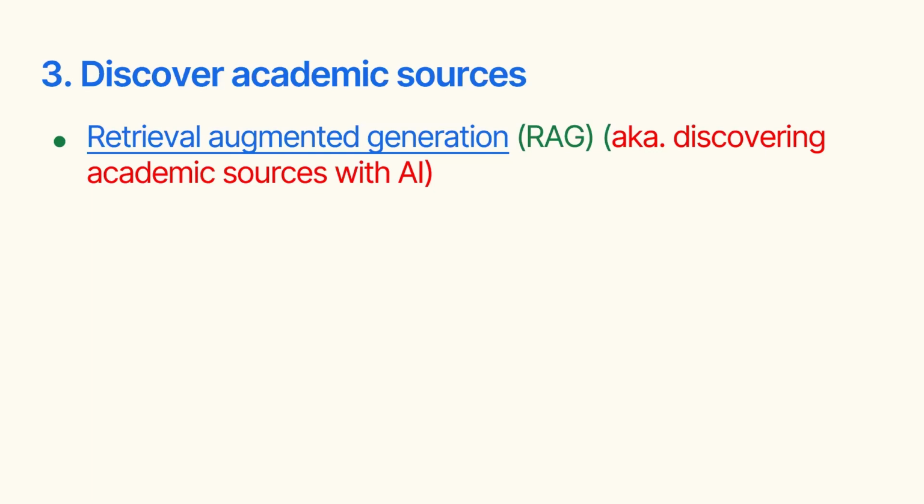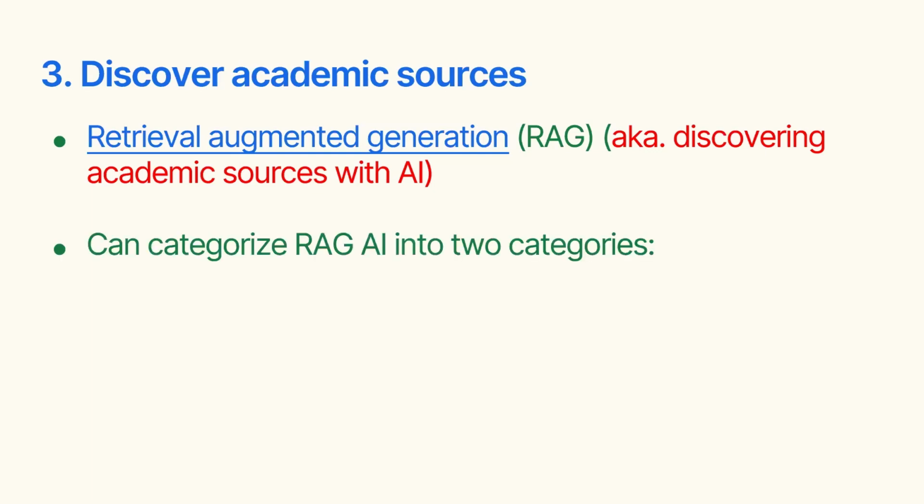When you're using your prompt in what's called a RAG or retrieval augmented generation system, you're coming up with sources or some kind of other content that the AI system is finding for you and presenting to you. Also known as discovering academic sources with AI. It's a fancy word for that.